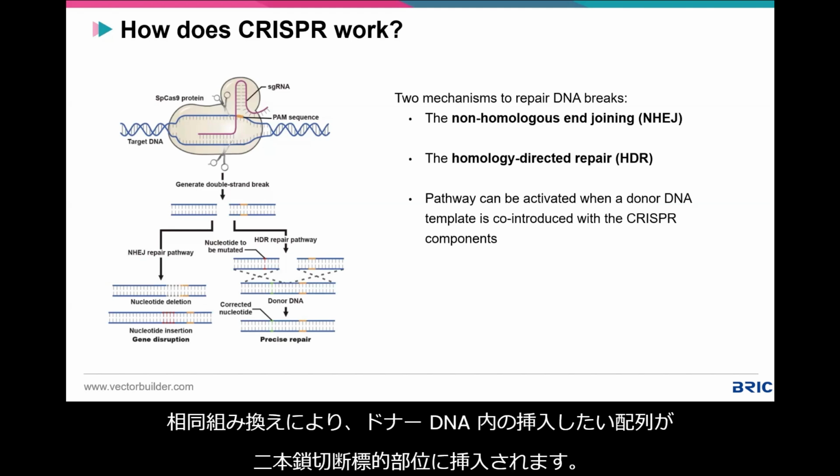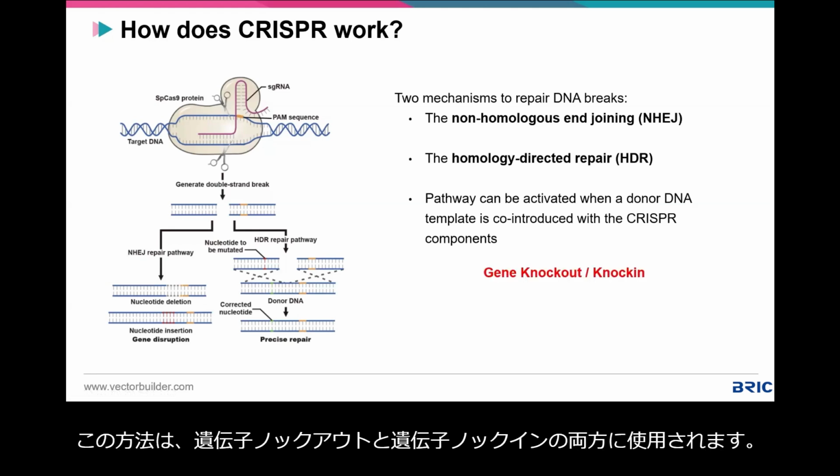And through homologous recombination, the target site, which we presented here in the donor DNA, gets inserted into the double-stranded break target site. And this method is used for generating both gene knockouts and gene knock-ins.